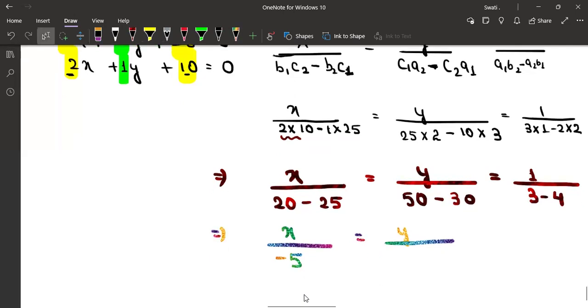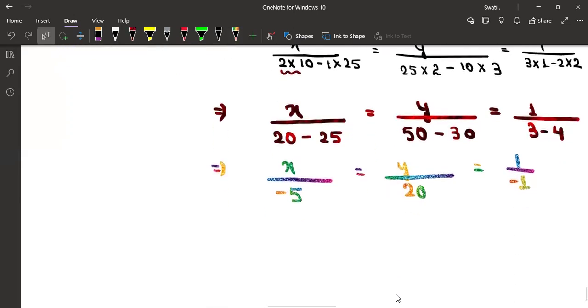Y upon 50 minus 30 will be 20. Correct. Is equal to 1 upon 1 minus 1. Yes, very good. Okay. Now, Manya, tell me what we had done after this in our first question.